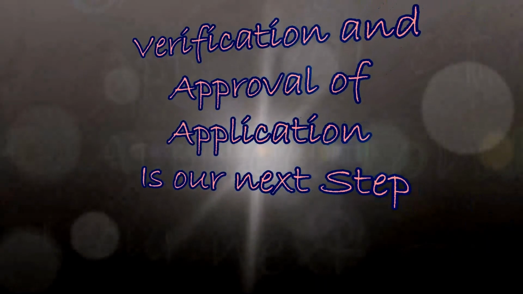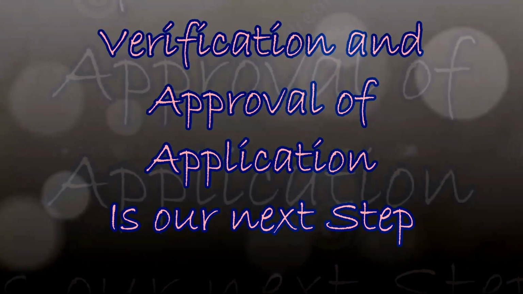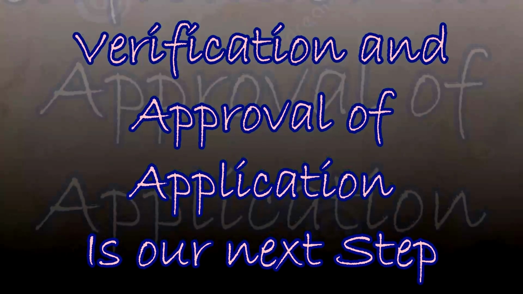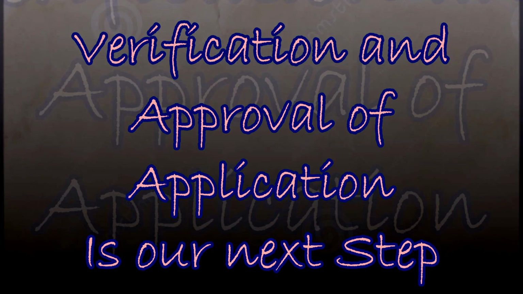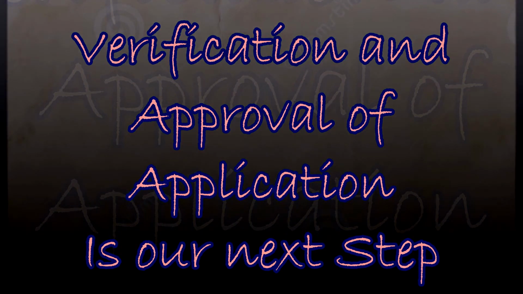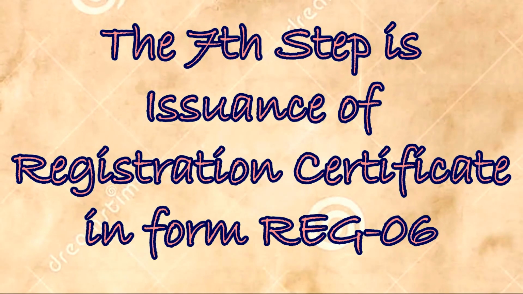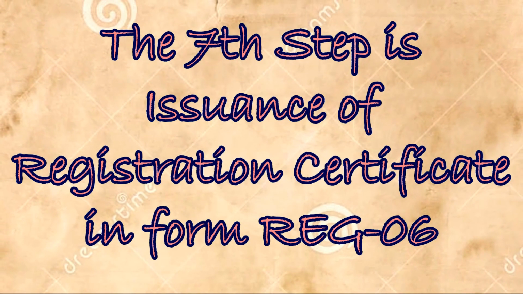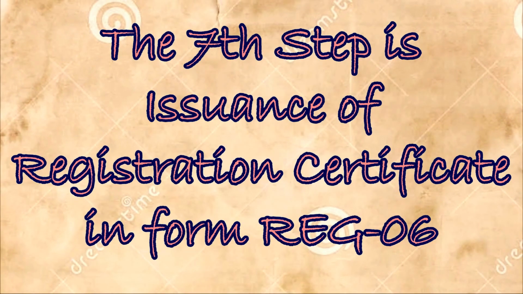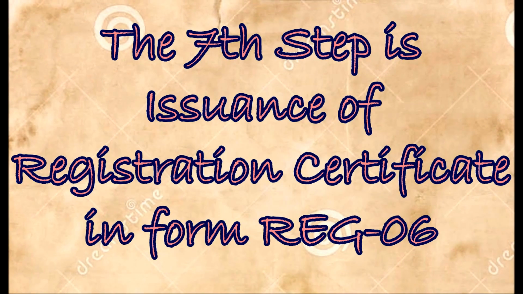In the sixth step, the proper officer will do verification of our application which we have submitted for grant of registration, and if the proper officer is satisfied with all the details and documents submitted by us, then he will approve the same. In the seventh step, the proper officer will issue the registration certificate in form REG 06.